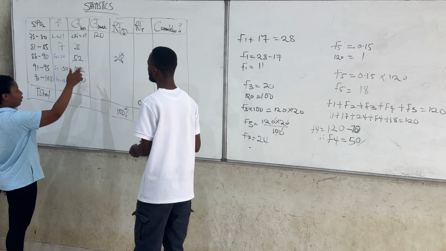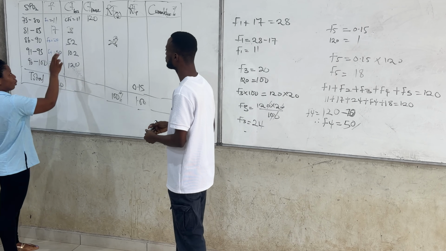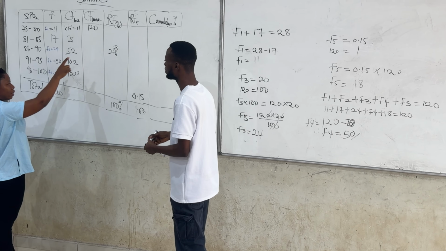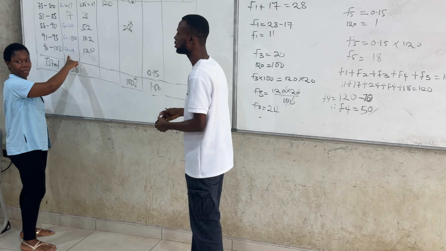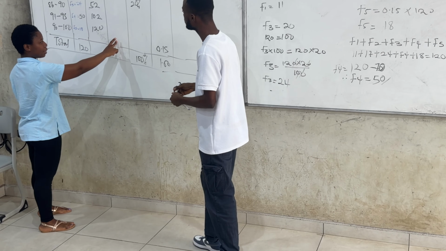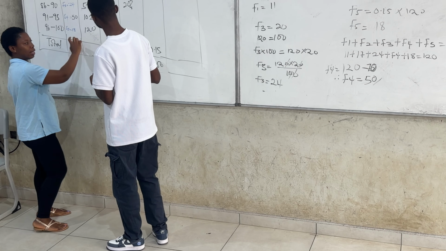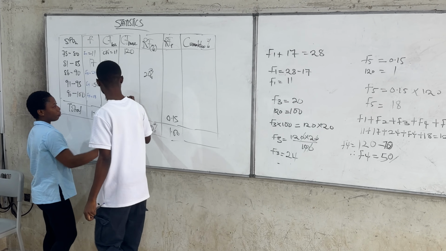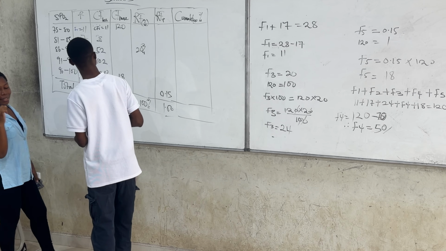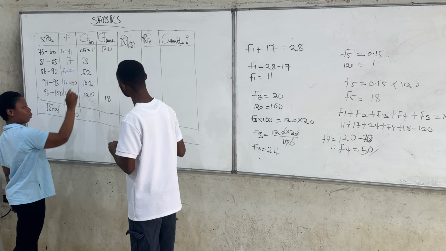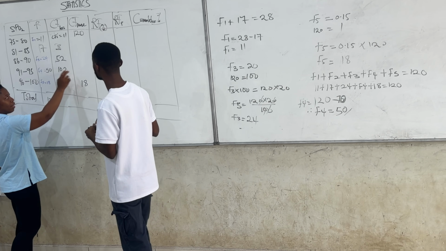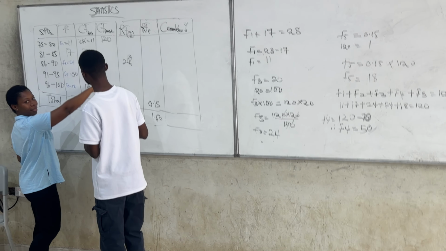So continuing here, we start from the bottom. We also know that CF more than is the same as the last frequency. So here will be 18. Then we'll use the diagonal addition. You will add diagonally from the bottom. So this plus this gives us CF more than 4.